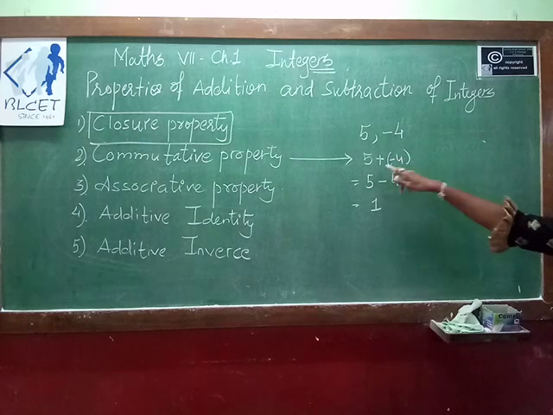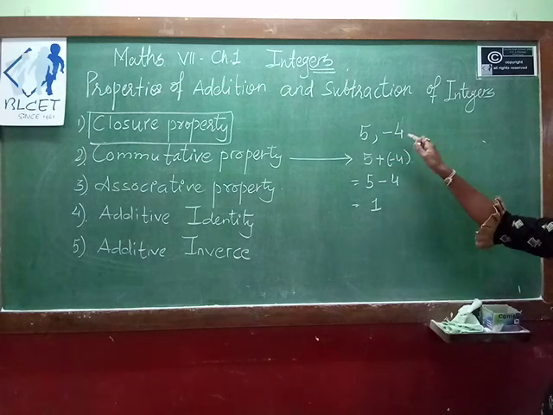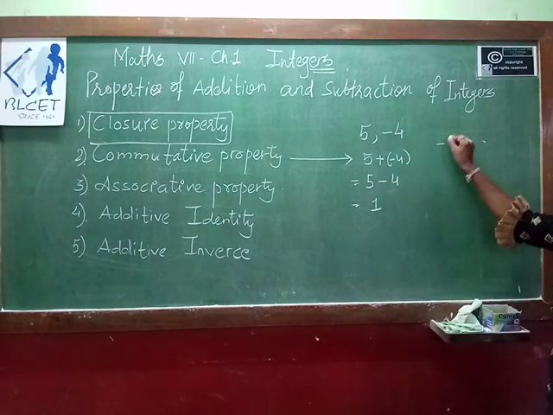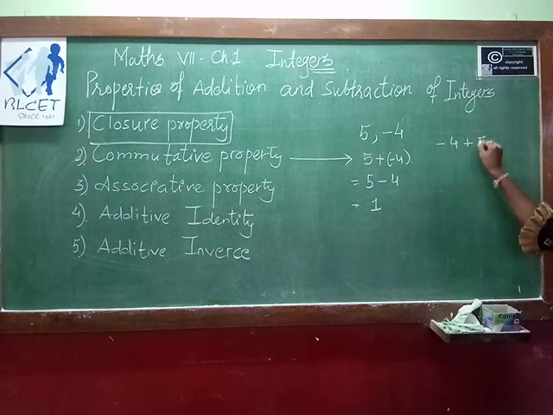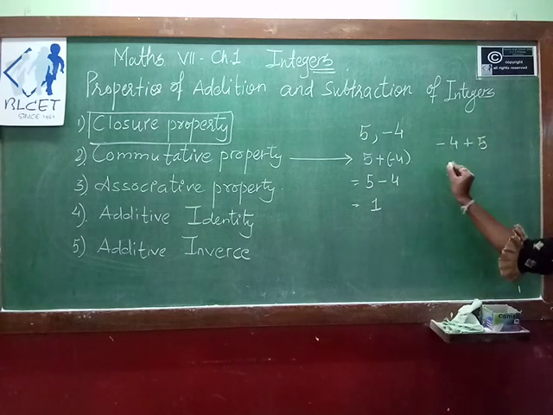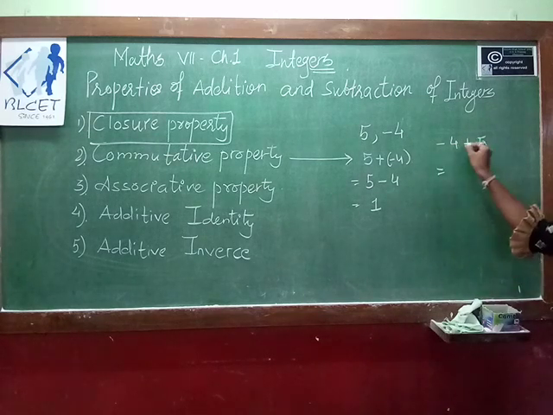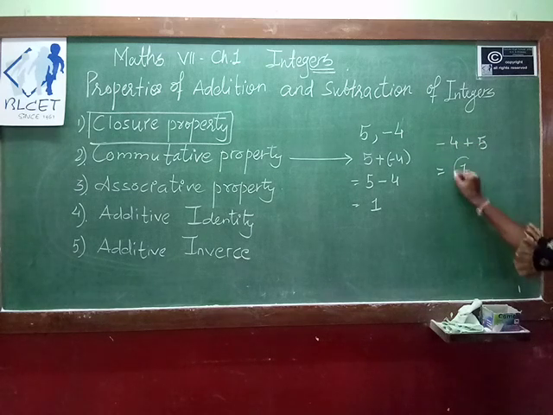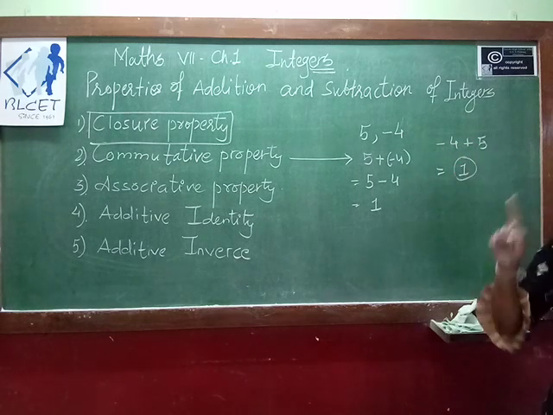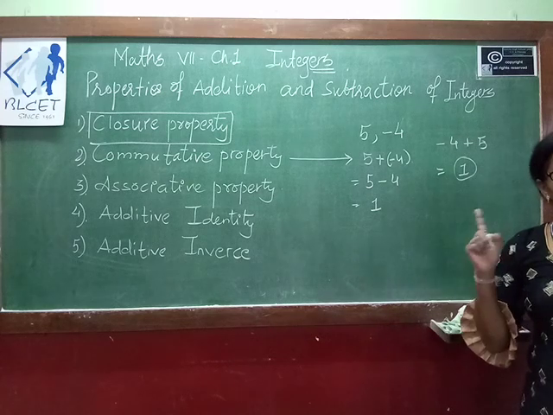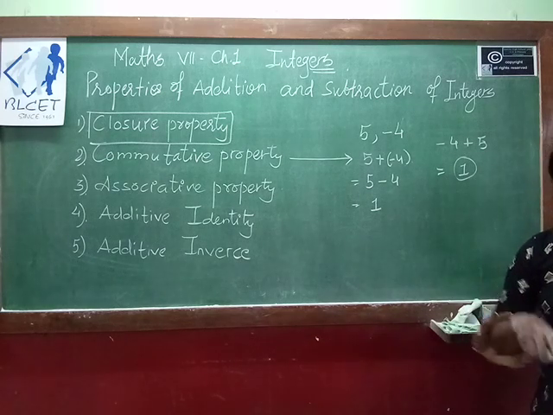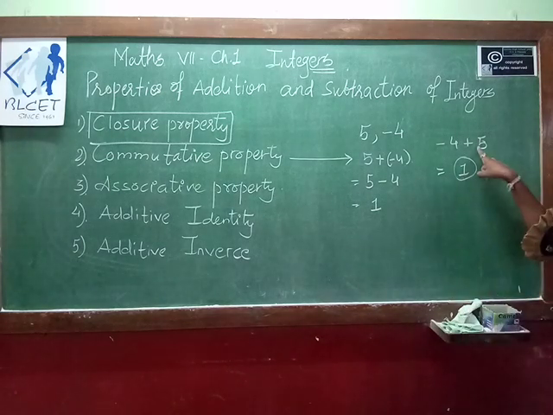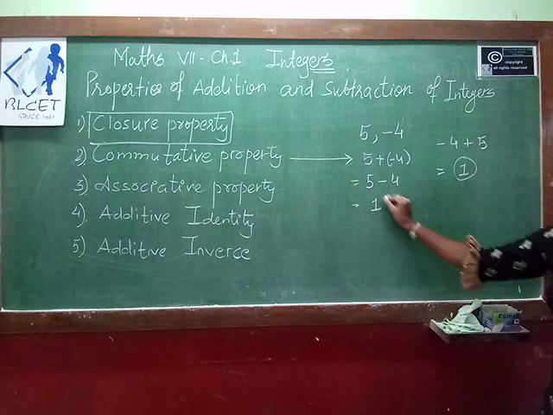Now I can try to do the addition like this: minus 4 plus 5. What is the answer? 1. Why? One is negative, one is positive. We always do the subtraction, but the sign of the answer is always the sign of the bigger number. So what do you observe?